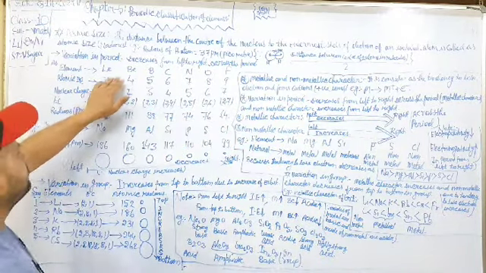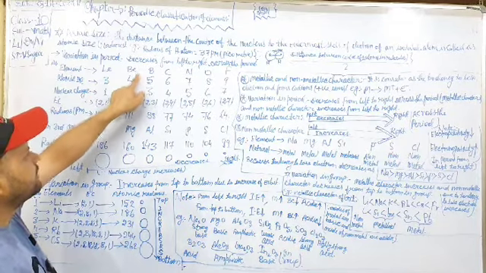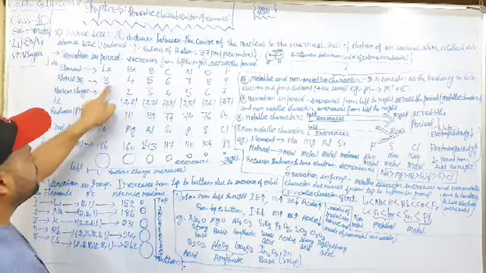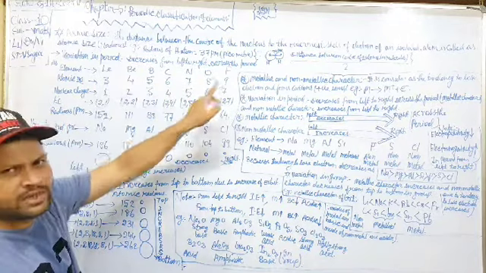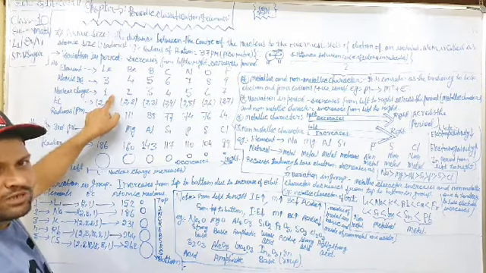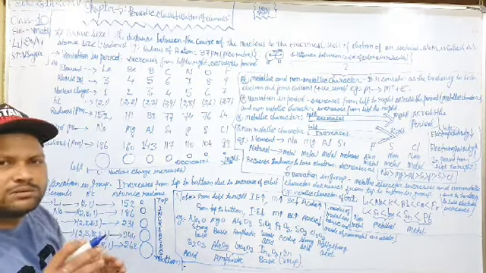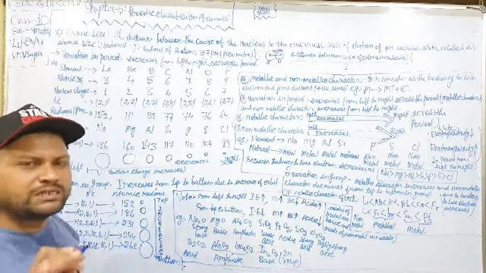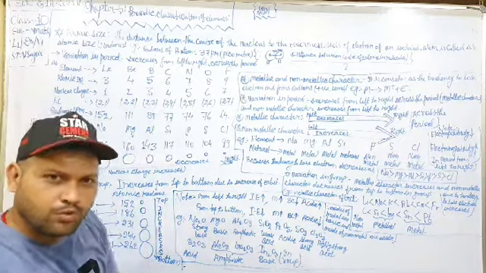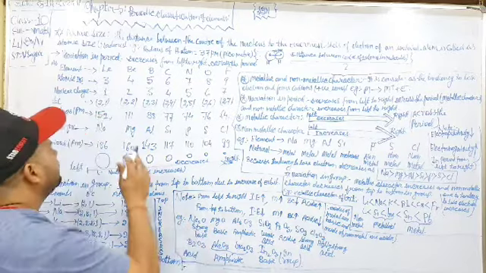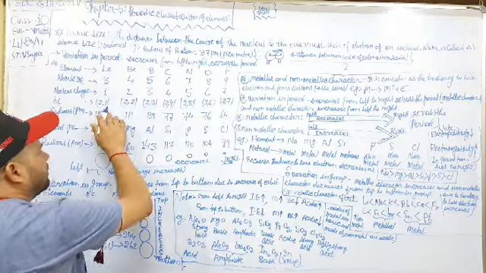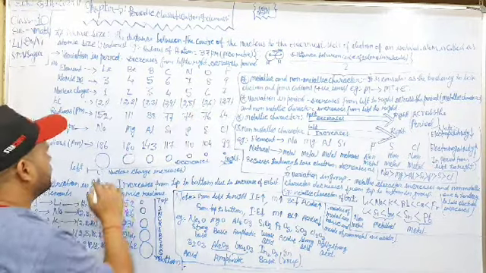Here I have put the example: lithium, beryllium, boron, carbon, nitrogen, oxygen, fluorine. Look at the atomic numbers 3, 4, 5, 6, 7, 8, 9 respectively, and the nuclear charges. Nuclear charge means the number of protons, which increases, so it applies more force on electrons. The electronic configurations are also given.